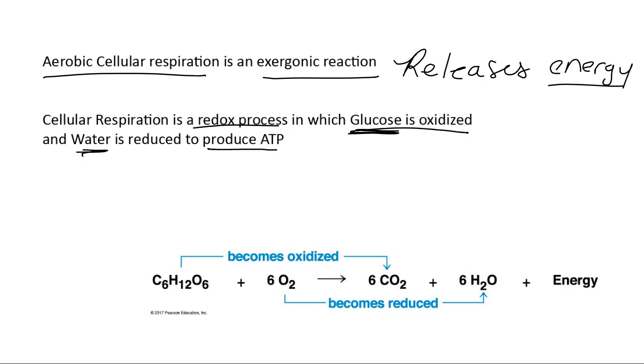Once that electron reaches oxygen, because glucose had a lot of hydrogens in it, there's hydrogens available. That electron that's been traveling through the electron transport chain is going to join with oxygen, and that's going to form a water molecule. That's why water is reduced. Water now has that electron that was contained in an electron transport carrier.